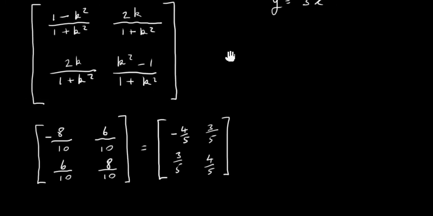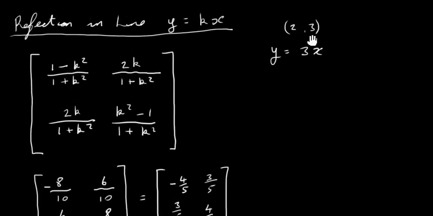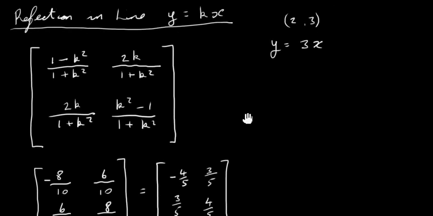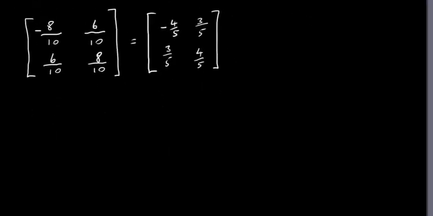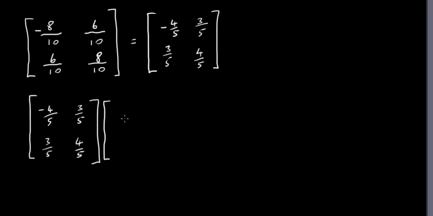Now we're going to transform the position vector 2, 3. So let's do that. So we're going to take minus 4 over 5, 3 over 5, 3 over 5, and 4 over 5, and we're going to multiply that then by our position vector, our point 2, 3.